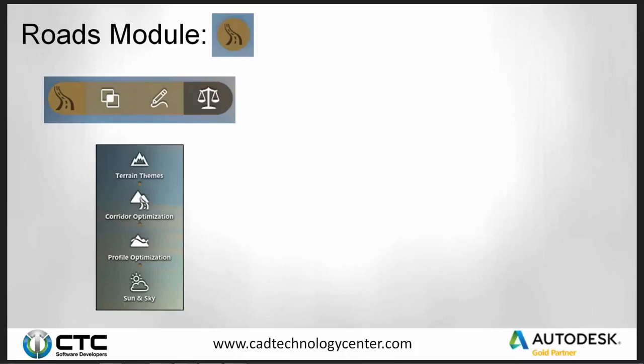These are both cloud-based services that will allow me, for the corridor, to determine the horizontal placement of a road. Within the corridor optimization I have the ability to say, hey, you can't go here, you can't go here, you have to start here and you have to end there. And what it will do is take your terrain and determine earthworks, and it will try to balance your earthworks, and come up with the best route for your road to take.